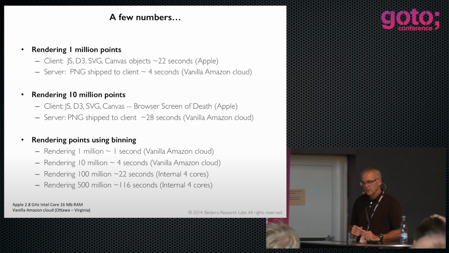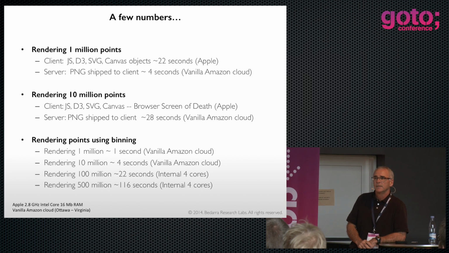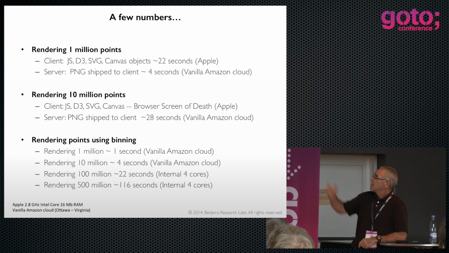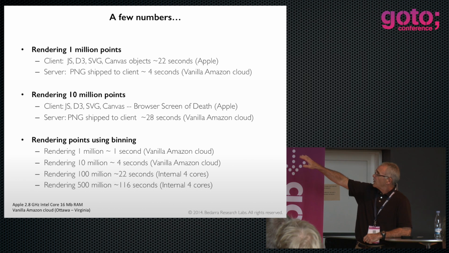So here are a few numbers. Okay, rendering 1 million points on the client using JS or D3 or one of these things takes about 22 seconds. If you render that on a server and do a PNG, it's about 4 seconds. Right? That's on a vanilla cloud. 10 million points, you can't do it on the client. I have yet to figure out a way of getting Canvas to render that many points.